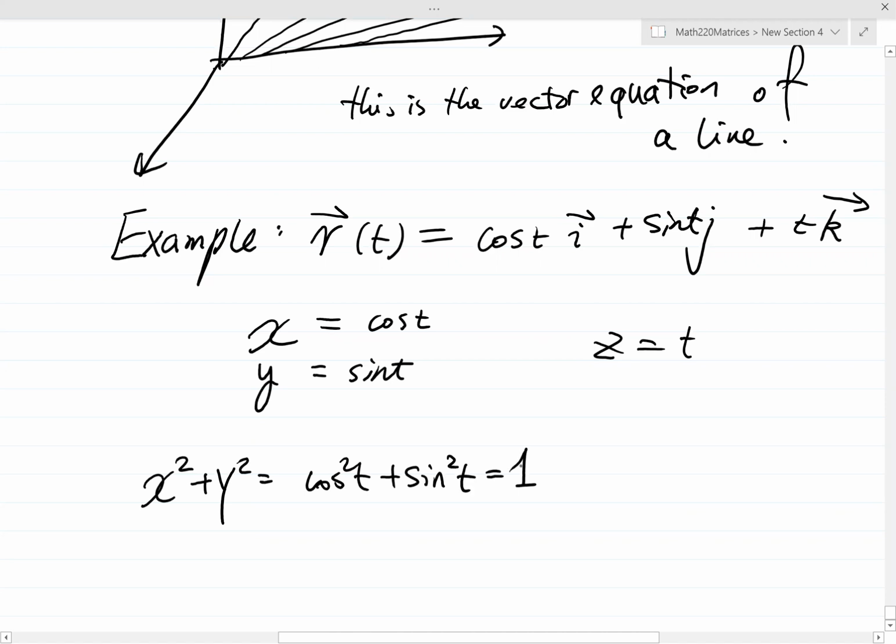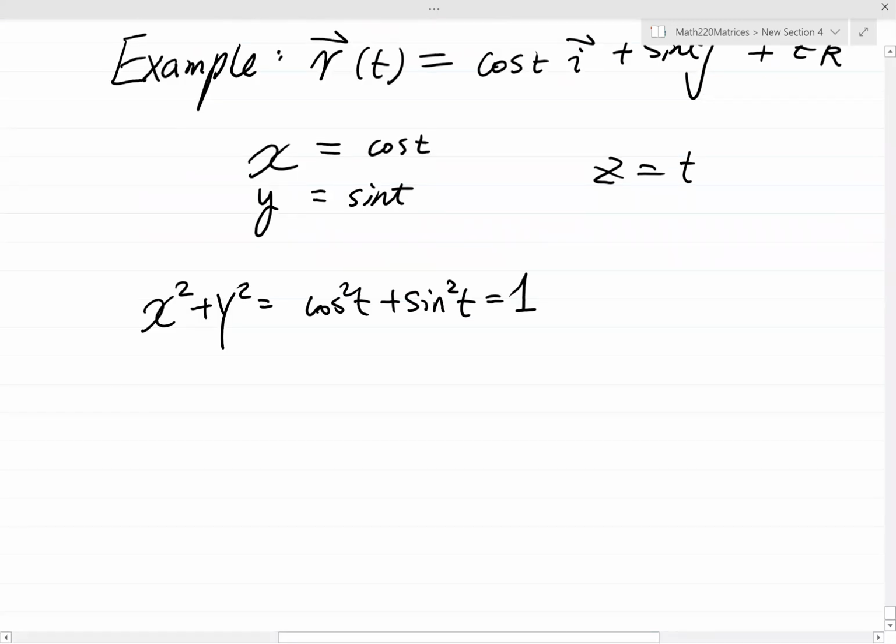So what we do is extend the circle, composing the motion that travels along the circle with the motion in the z direction. What we get is a helix.